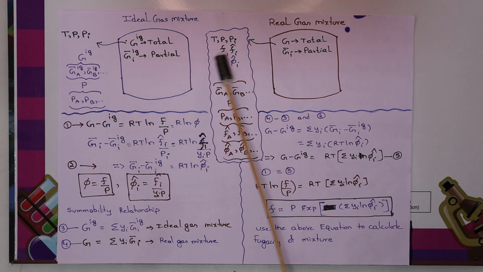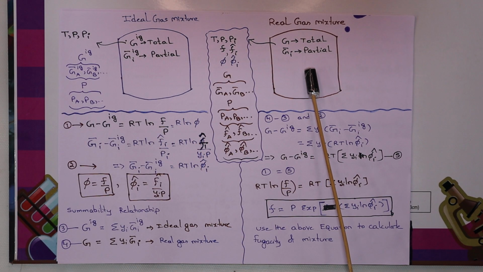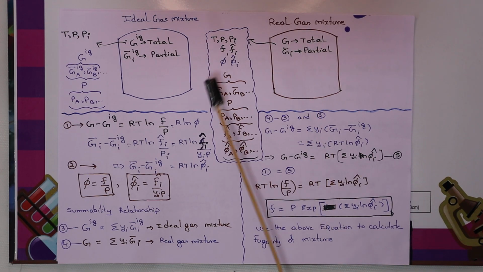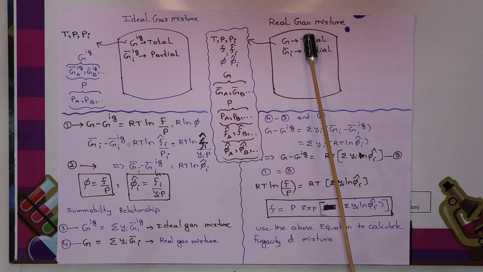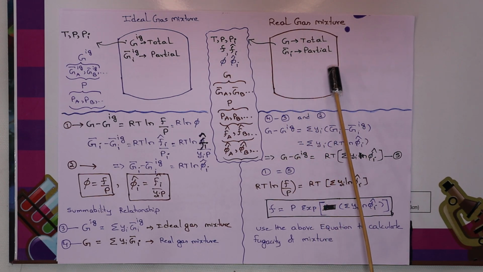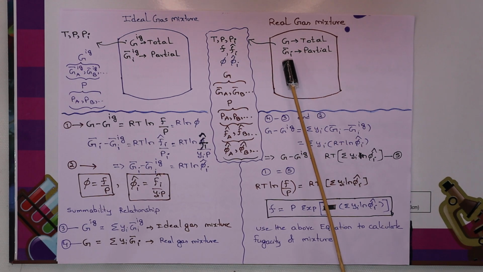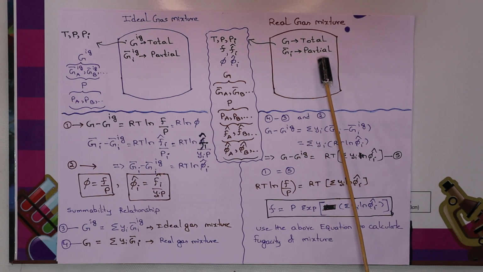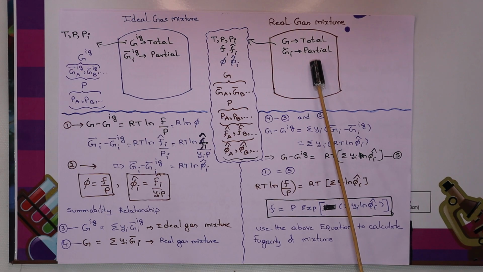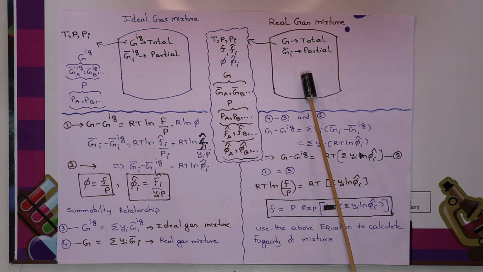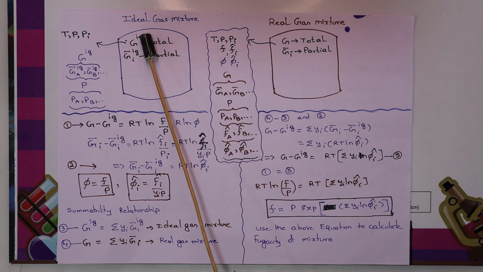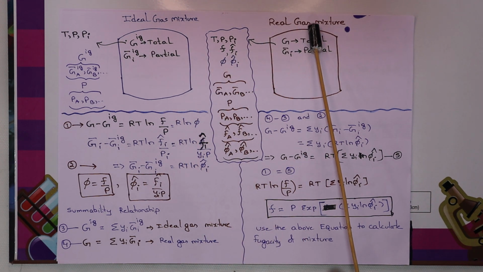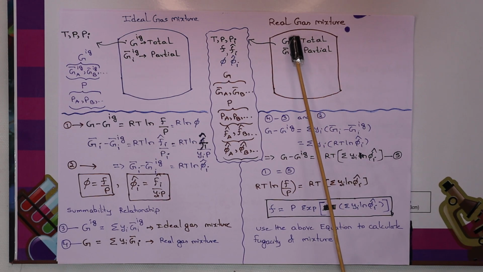In contrast, for the container consisting of non-ideal or real gas, G is the total Gibbs energy of the mixture formed by different components. For any ith component, G bar i is the partial molar Gibbs energy of i in this mixture. The difference between these two is that the ig is removed here because it is a real gas; the ig superscript is removed.